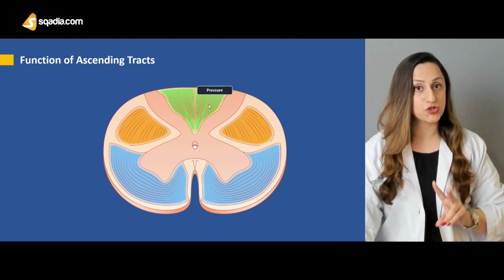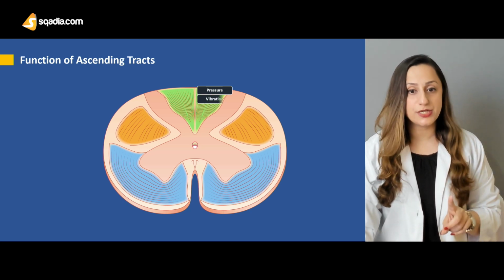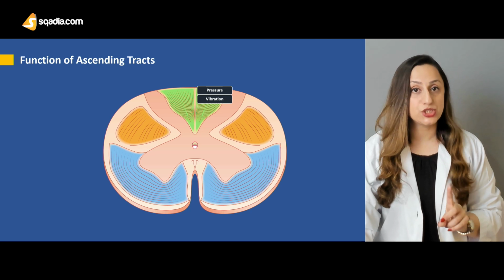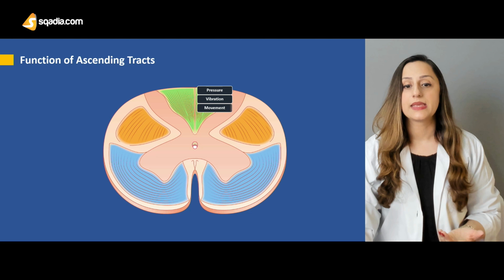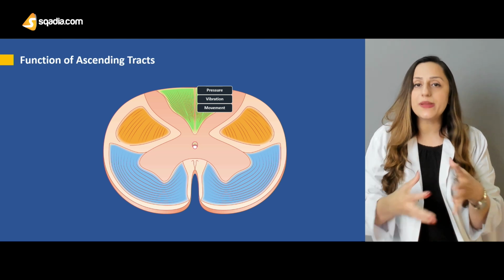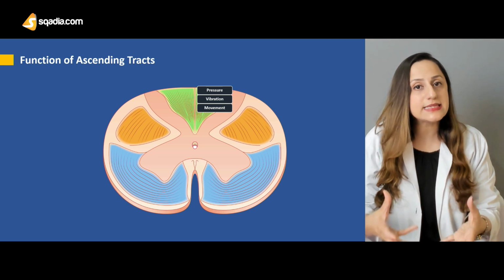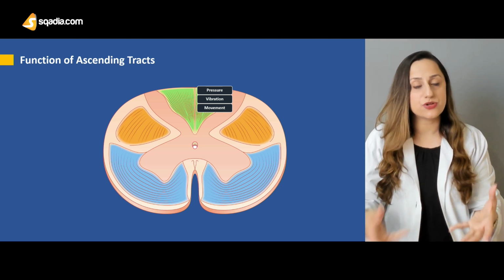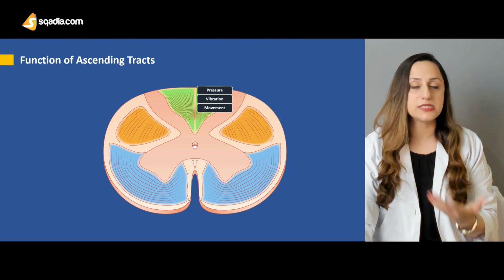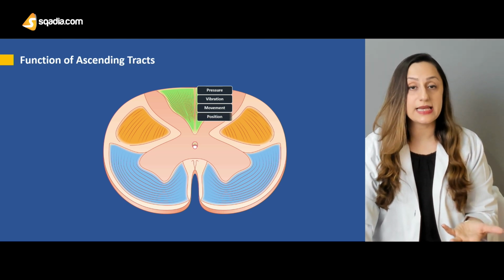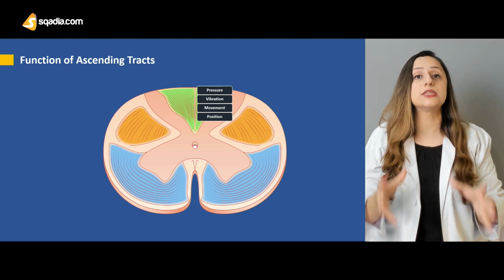They are ascending tracts and they are carrying information such as pressure and vibration. The vibratory sensations are also carried through these same tracts. Then we have the joint movements that are taking place. They are even sensed, and the messages are taken up regarding the posture of an individual, the different movements taking place at that particular joint, and the overall positioning.